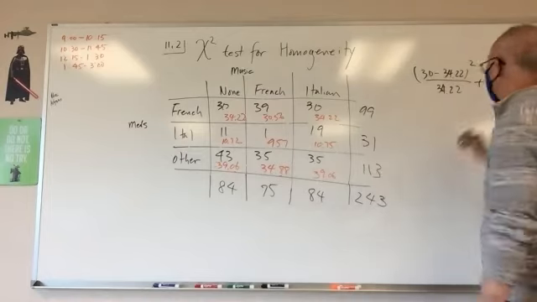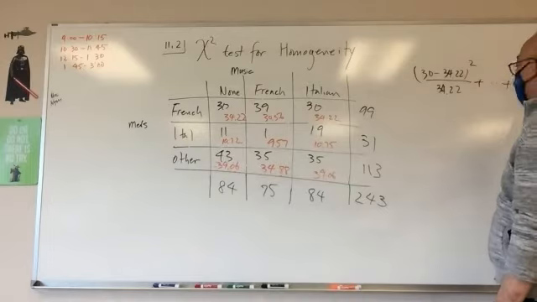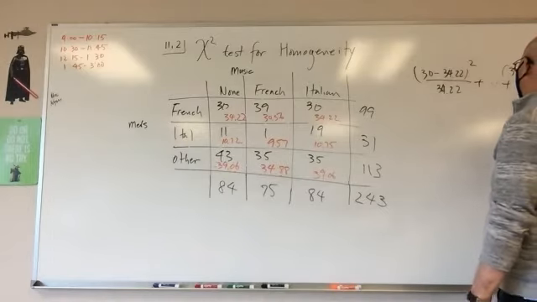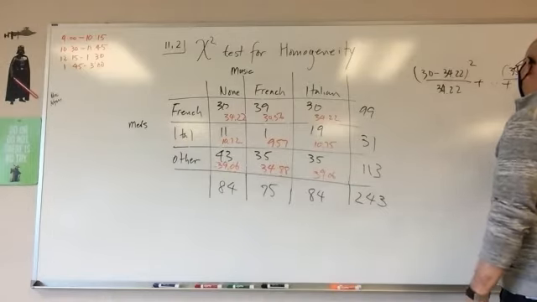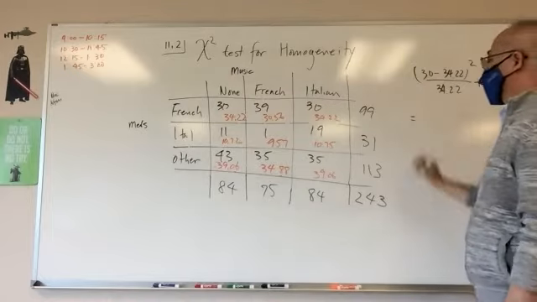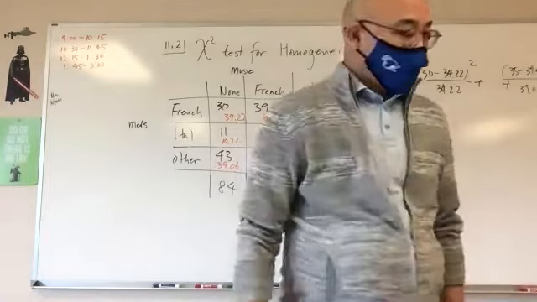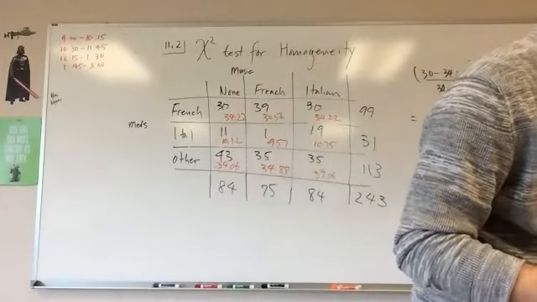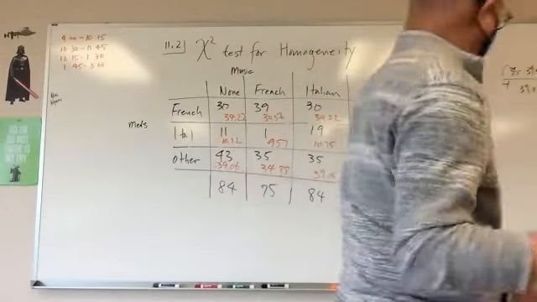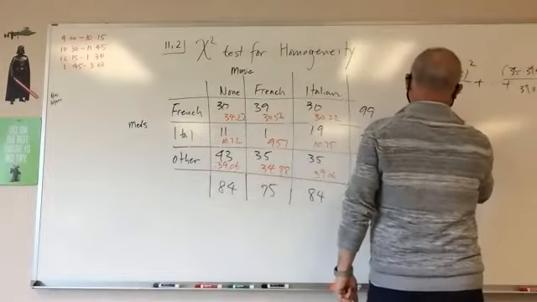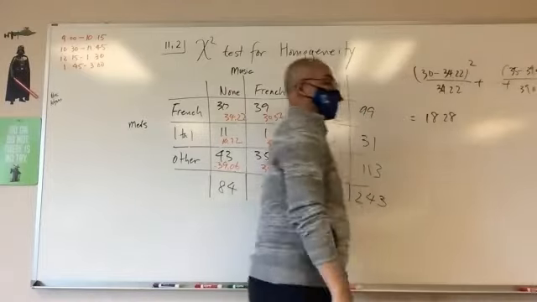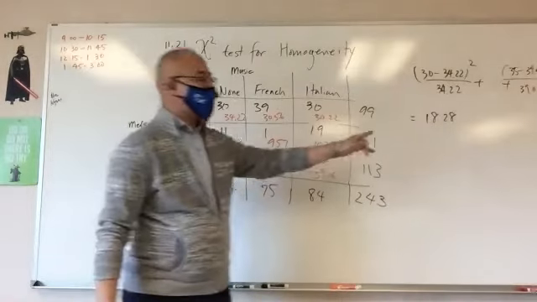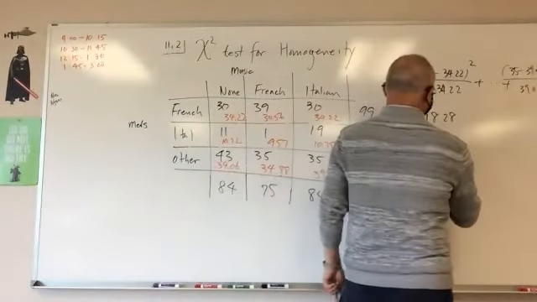And this will be the last one, 35 minus 39.06 squared over 39.06. Right, if I do that, it says I'm going to get 18.28. Okay, so this is our chi-square test statistic, right?